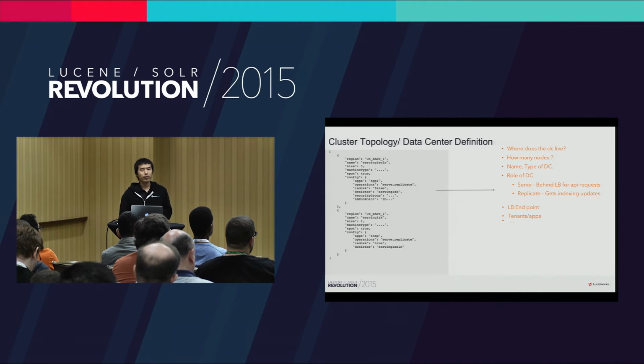If it's a serving data center, we tend to put all the serving data centers under an ELB, so the customer just queries the ELB, not directly the Solr cloud. And also, you can have a backup data center or preview data center. You can also specify which app it's in, either Snap or Organic, something like that.